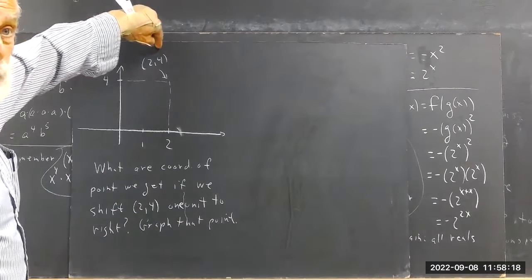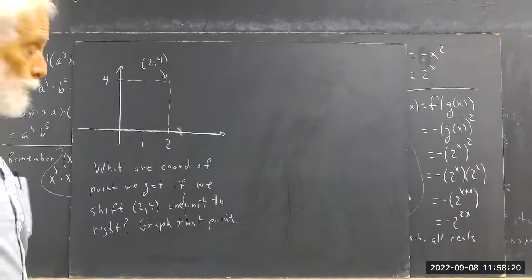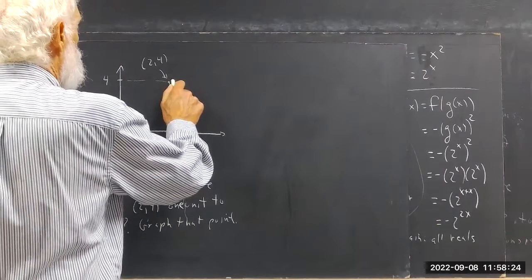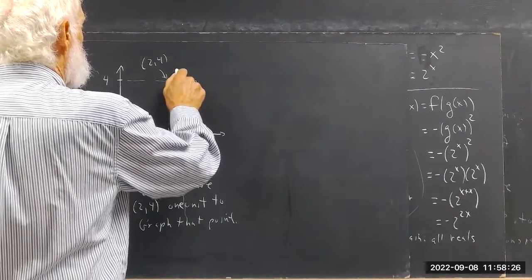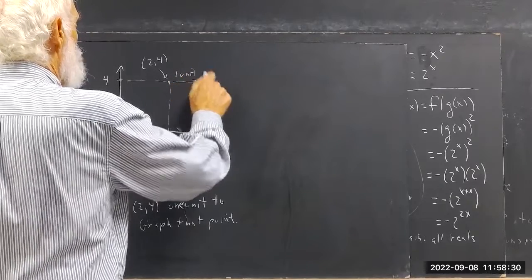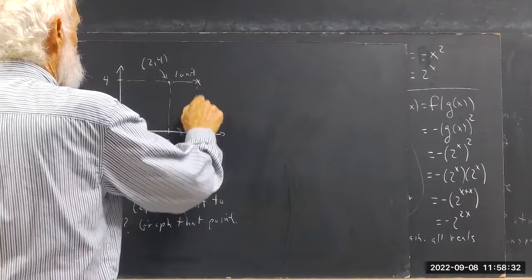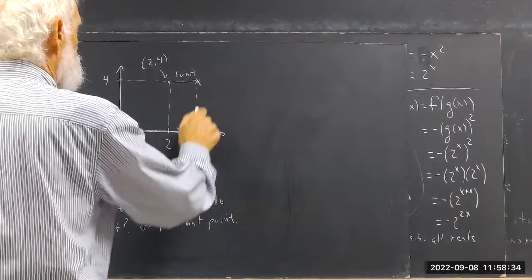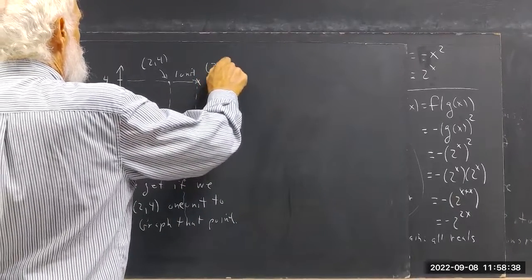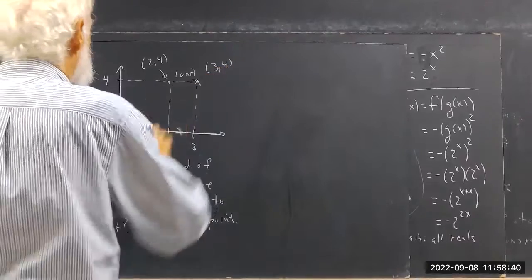Anyhow, we have the point 2, 4. We shifted 1 unit to the right. Well, here's 2, 4. We go 1 unit to the right. We end up at the point 3, and we're still at 4. So this is the point 3, 4.